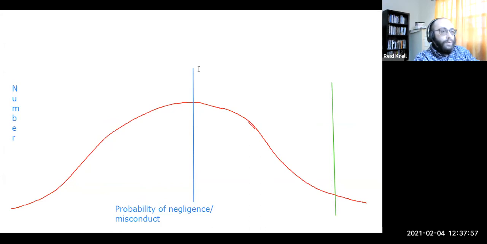So here's the tort liability cutoff, and here is the criminal liability cutoff. All of these cases between the blue and the green line are cases where tort would be able to find redress, but criminal law is not.